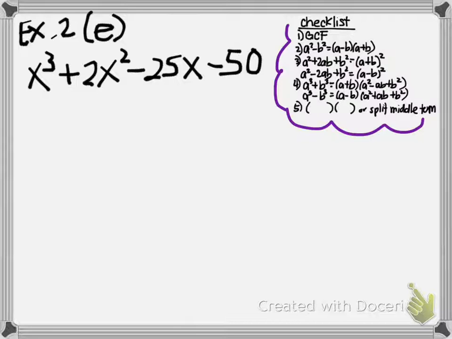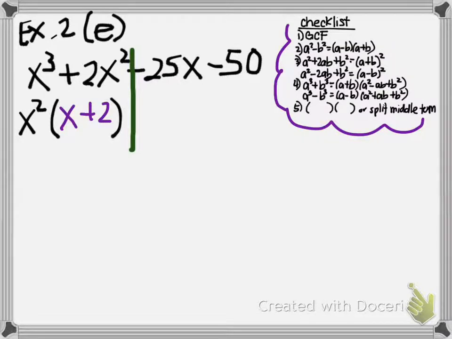Okay, here's another example. Again, I see 4 terms, so there's no greatest common factor. Skipping all the way to number 5, we're going to split the middle term. I'm going to draw a line there and try to find a common factor between these two. They both have x squared. Whatever's left over, we're trying to match this binomial on this side as well.